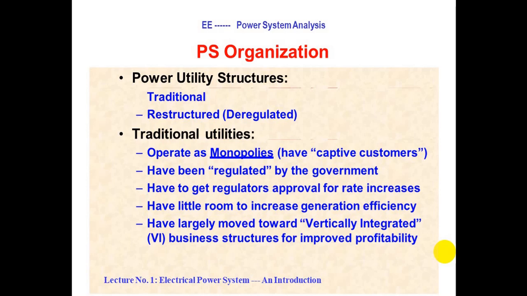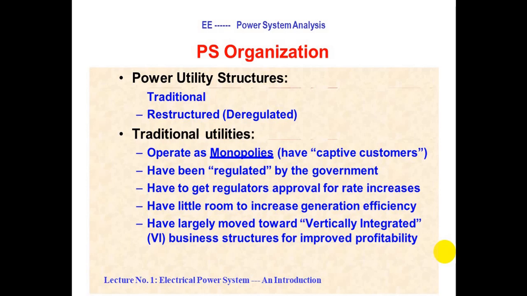In the traditional utilities, what we have seen in previous years is that they operate as monopolies. They have captive customers. They are regulated by the government. They have to get the regulators' approval for rate increases, and normally they have little room to increase generation efficiency, and have largely moved toward vertically integrated business structures for improved profitability.